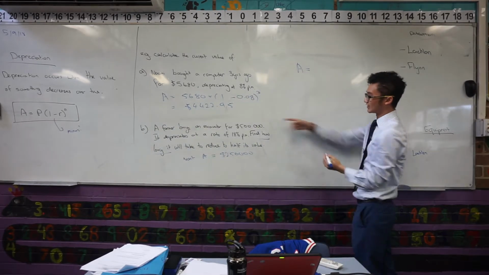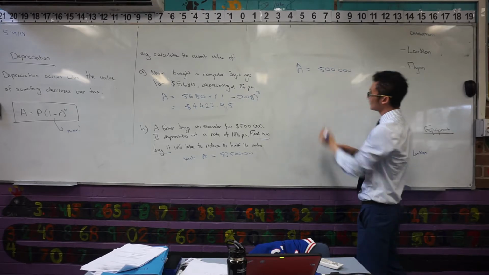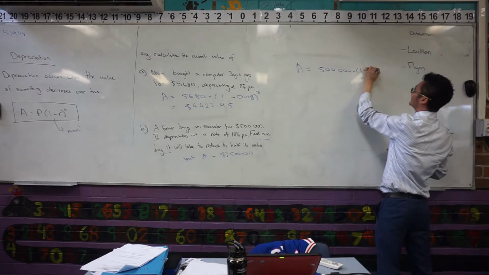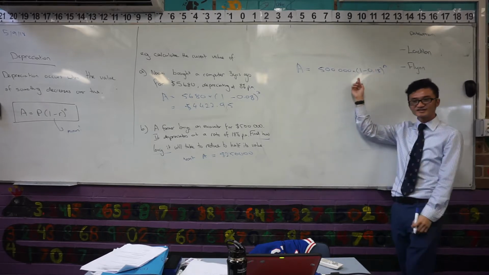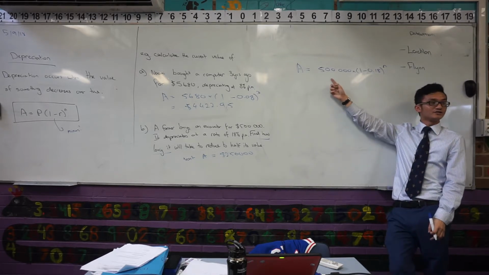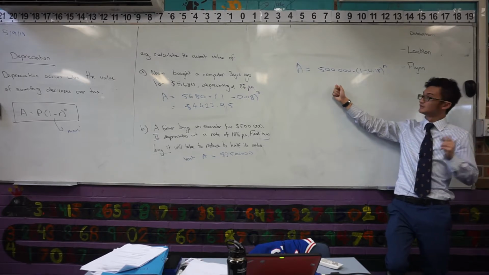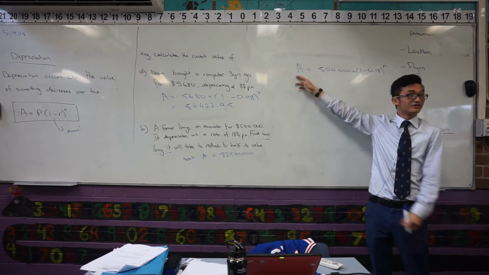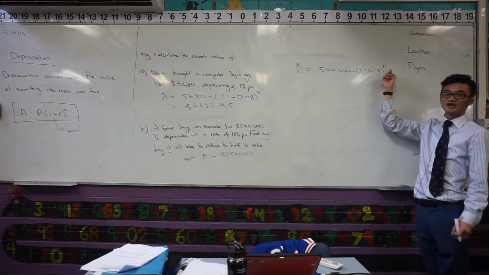So I've got this equation right now. I know the starting value, that's 500,000 times 1 minus 0.18 to the power n. This is the problem I have here. You could let A be 250,000, but the problem is I'm trying to look for n.